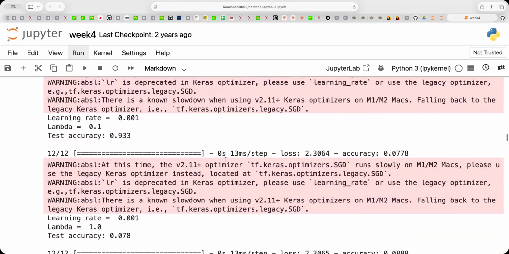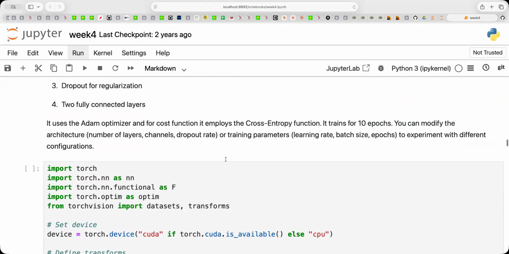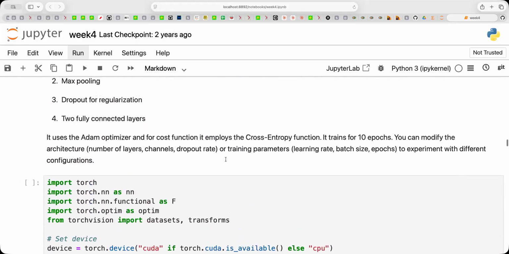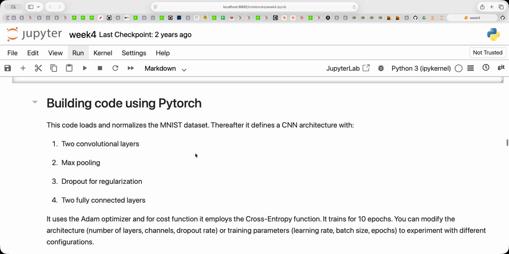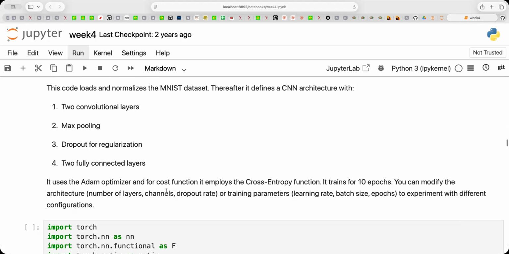I'm going to skip the training here, but I also wanted to show you how you can run this with PyTorch. In this example with PyTorch, you have 2 convolutional layers and use max pooling. You have a dropout for regularization, which we haven't discussed yet but will discuss in more detail. And then I have 2 fully connected layers in my feed-forward neural network.